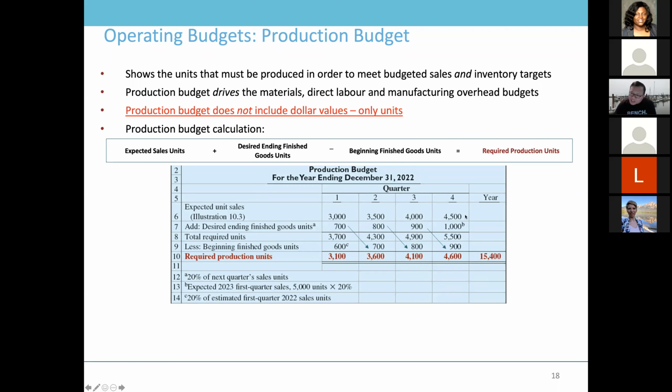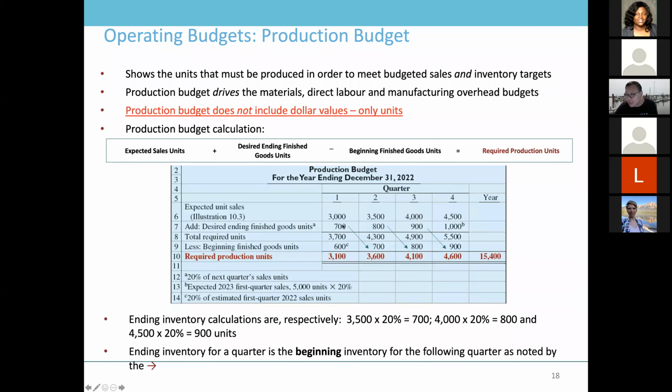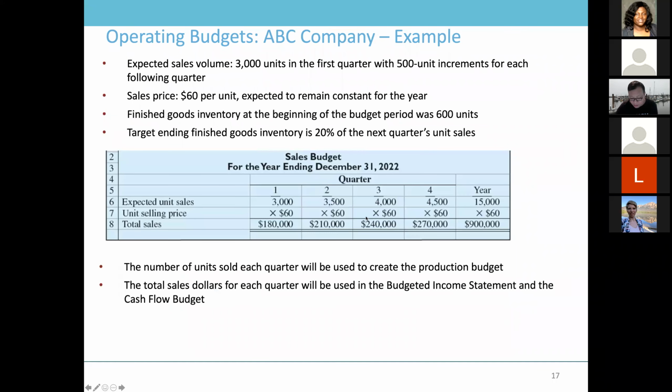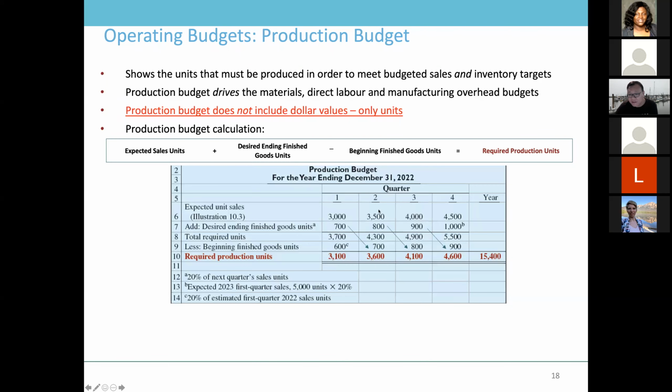Also, I want to have a little bit of safety margin, so I want to have ending inventory. The ending inventory is 20% of the next quarter's sales. So the first quarter's targeted ending inventory is 20% of the second quarter's sales.